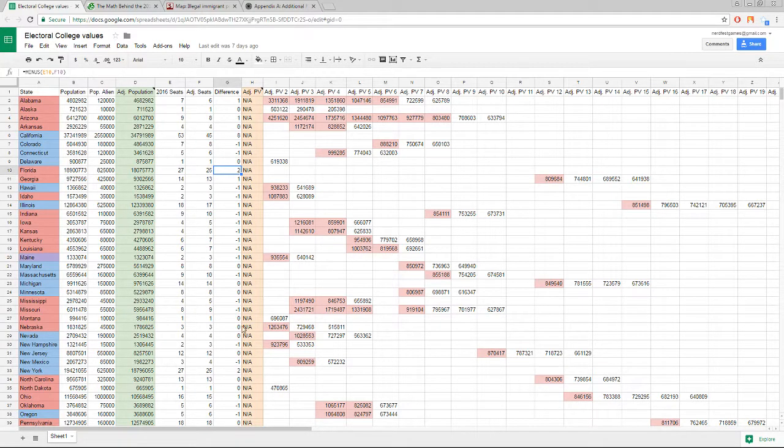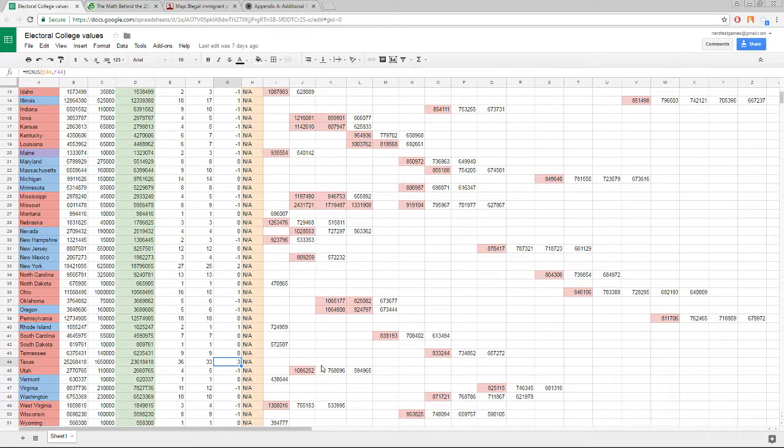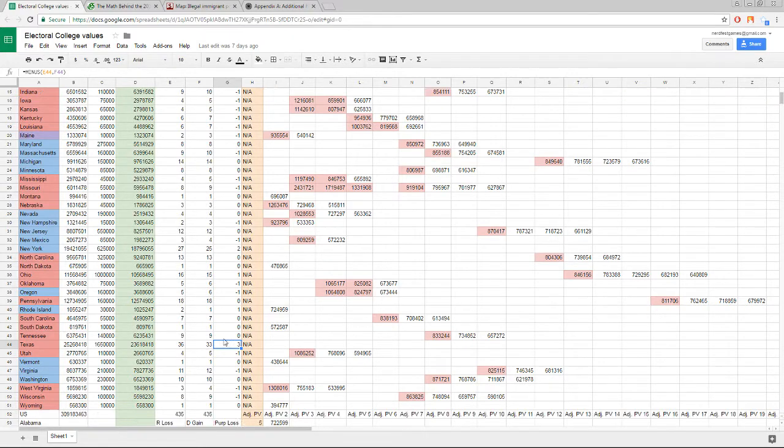All of the others changed just one, except for Florida gained 2 from illegal immigrants, New York gained 2 from illegal immigrants, and Texas gained 3 from illegal immigrants.